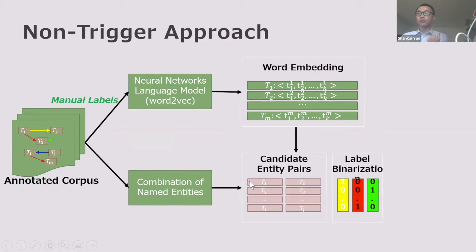Then we convert this task into a multi-label classification, because in these tasks you are not sure what kind of events or relationships there are among them, and they might belong to more than one event. So here it is a multi-label classification.